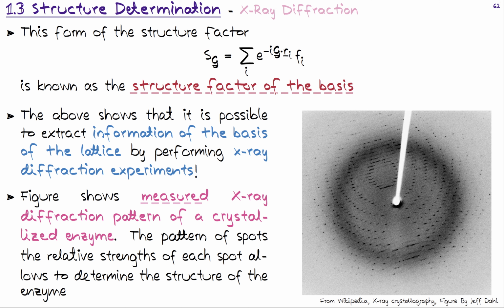The relative strengths of each of these spots allow us to determine the structure of the enzyme. This is the end result we have on this part. So we can do X-ray diffraction experiments, and we can in fact even get information of the basis of the lattice.